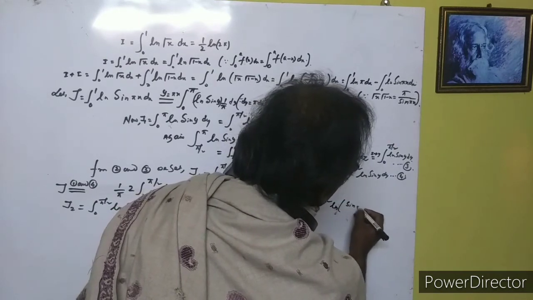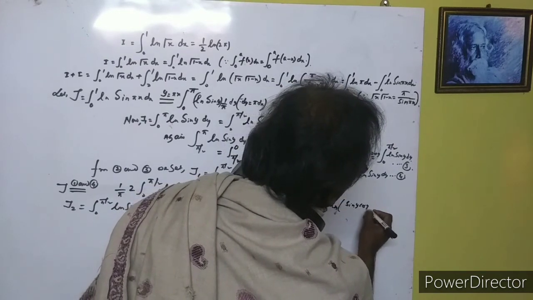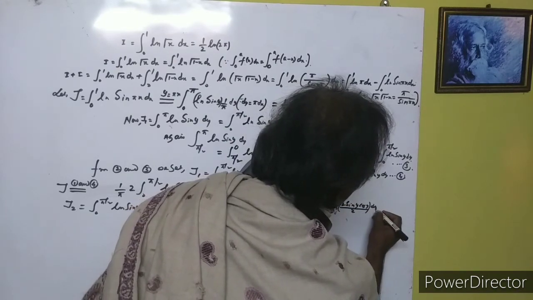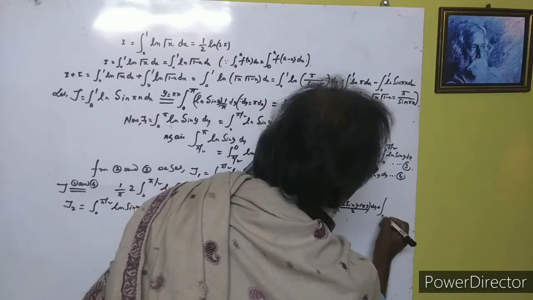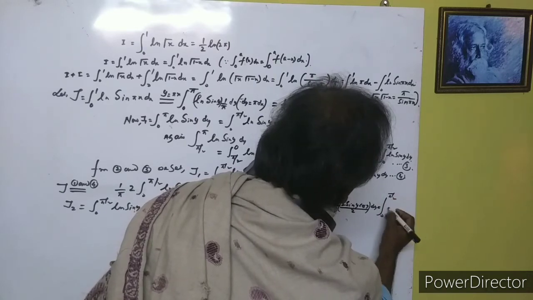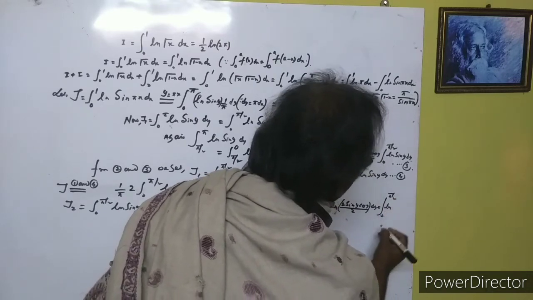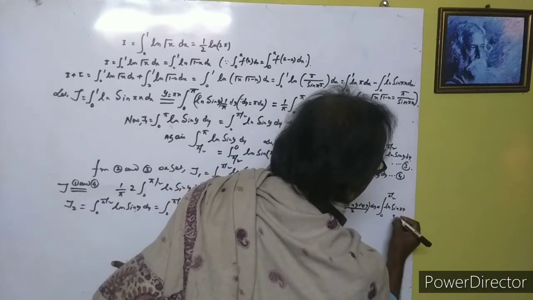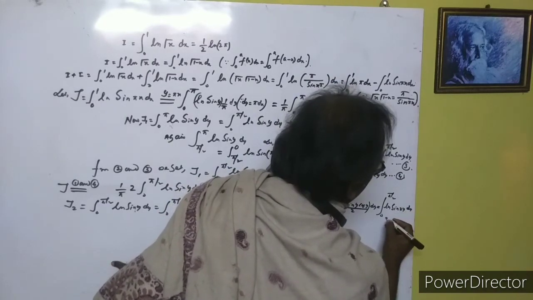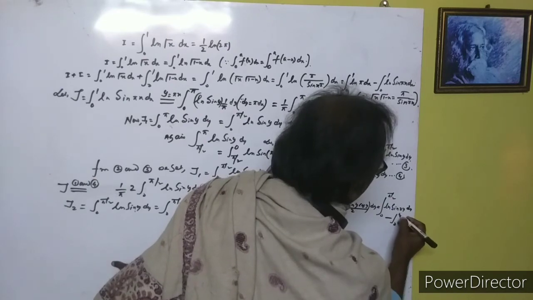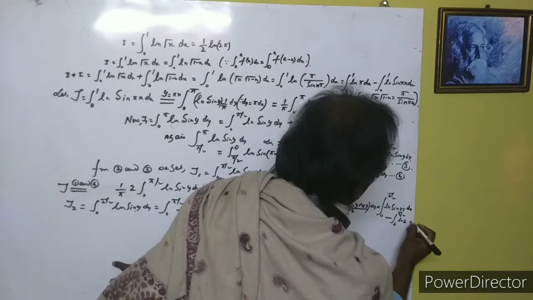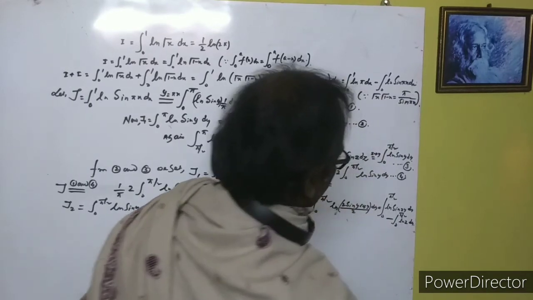This is sin y and cos y multiplied by 2 and divided by 2, and this is dy, and that is equal to integral 0 to pi by 2 ln sin 2y dy minus integral 0 to pi by 2 ln 2 dy.